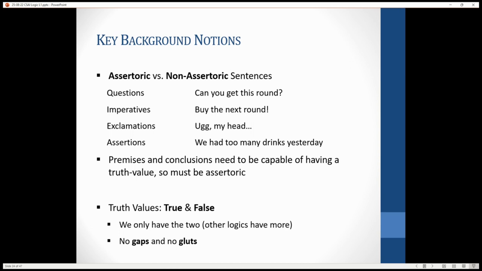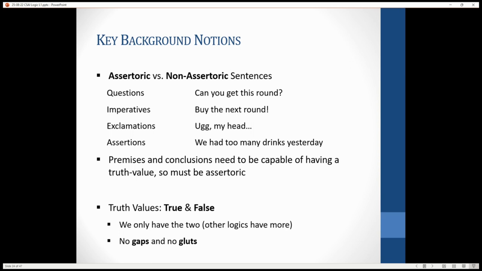We're also going to make two other massive assumptions. The assumptions are there's no gaps and no gluts. So what do I mean by that? No gaps means that every sentence has a truth value. Everything is either true or false. So for every sentence P, either P is true or P is false.